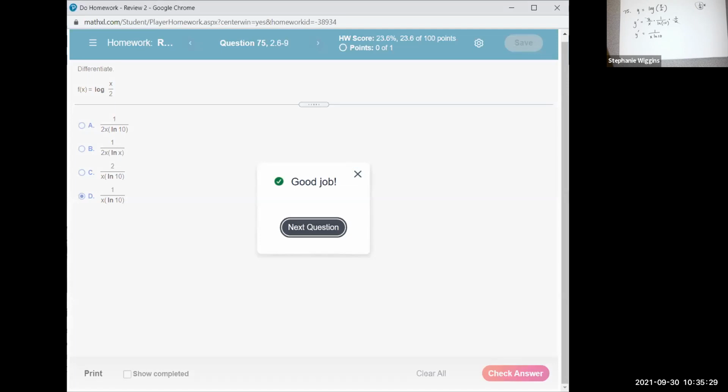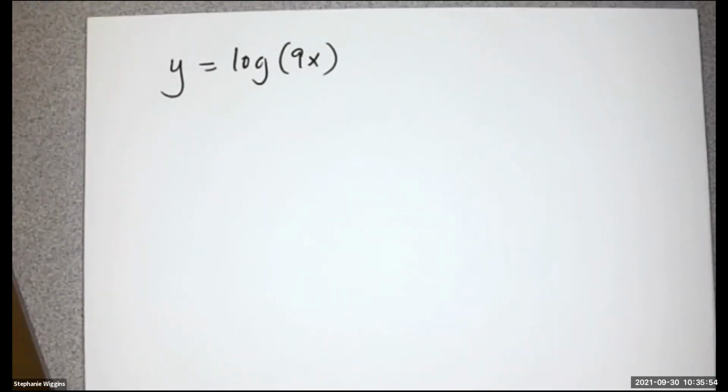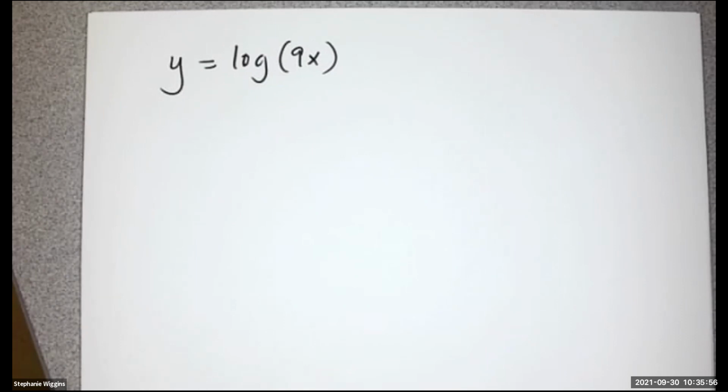All right. Let's do this one. Y equals log 9x. Okay, so you recognize, oh, this is a log function. What is the base? The base is 10. What are the 3 steps for finding the derivative of a log?